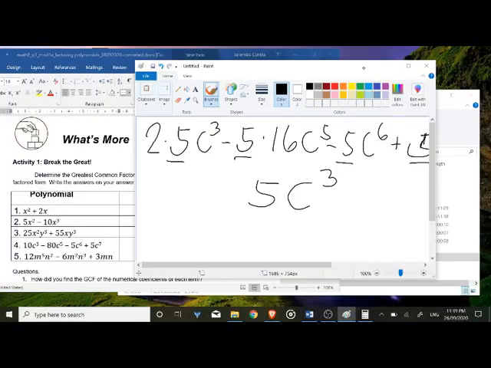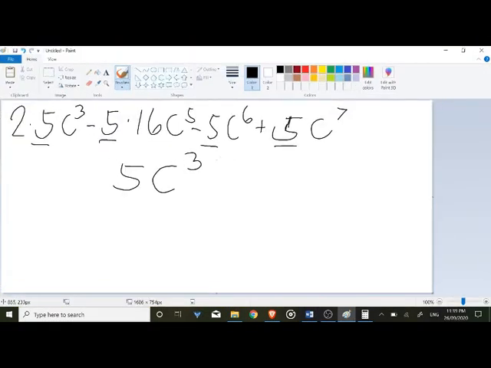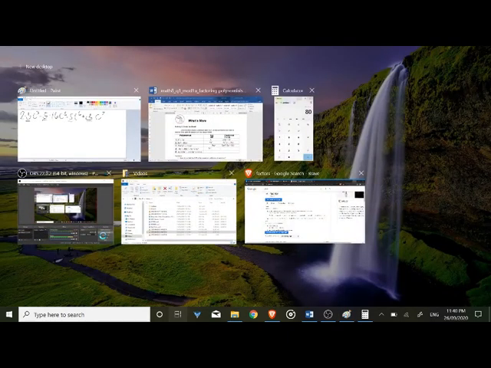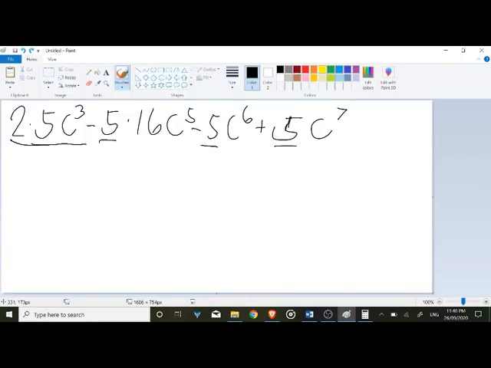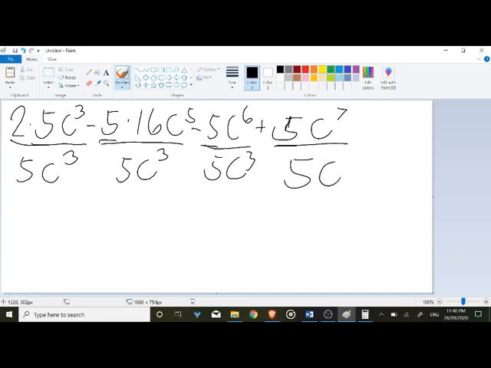Okay, balik tayo dito kay paint. So, paano hahanapin yung isang factor? Let us divide each term by the common monomial factor, 5c cubed. So, divide, we have 2.